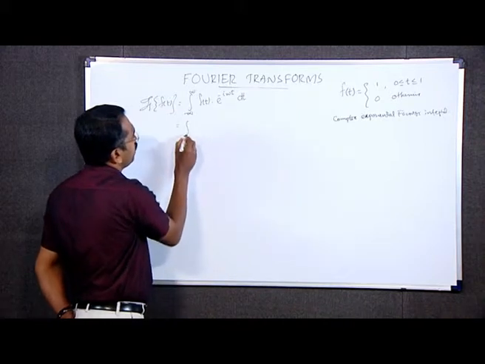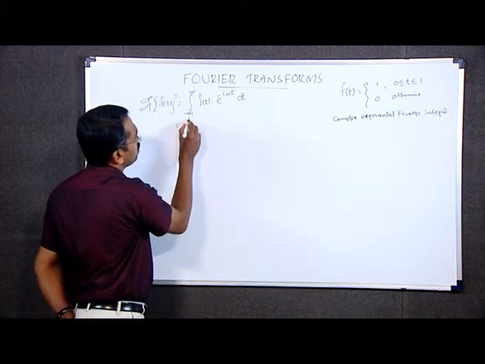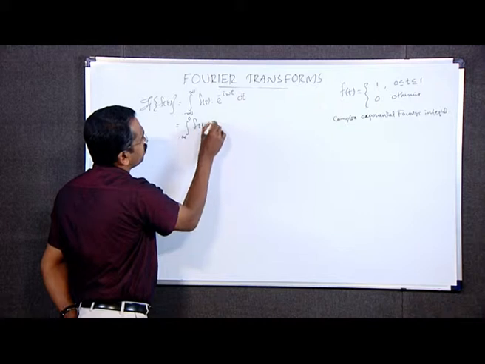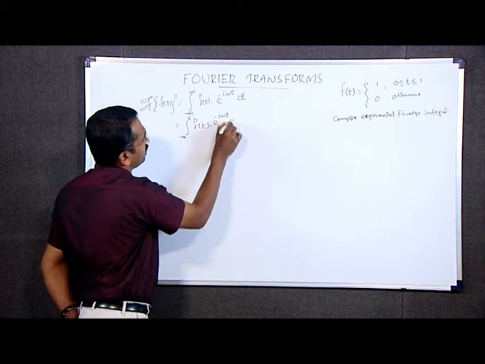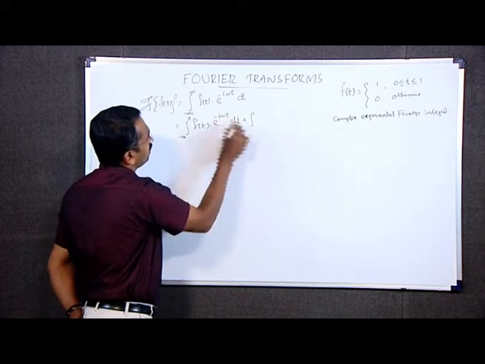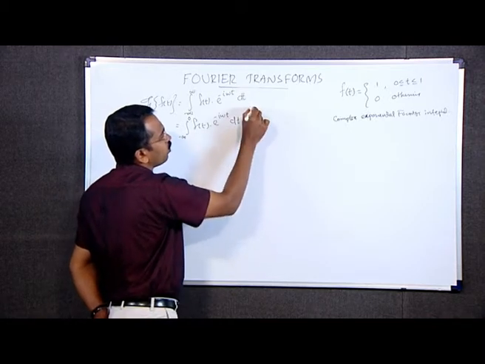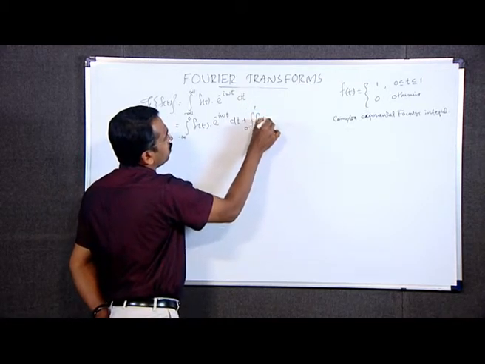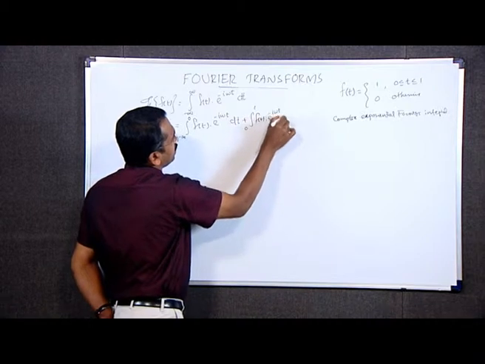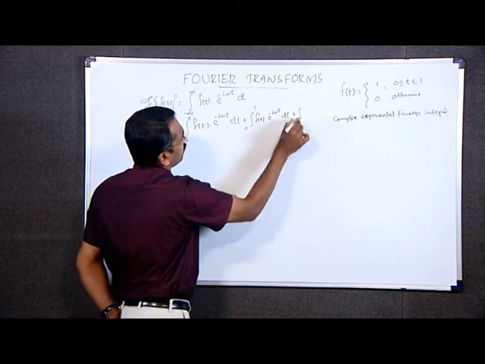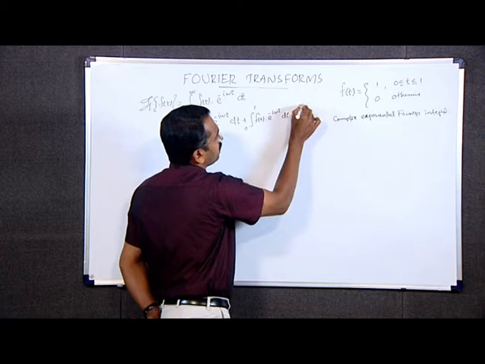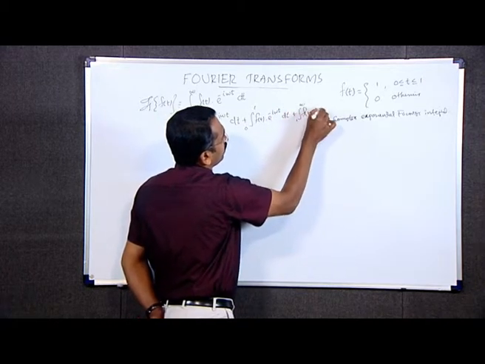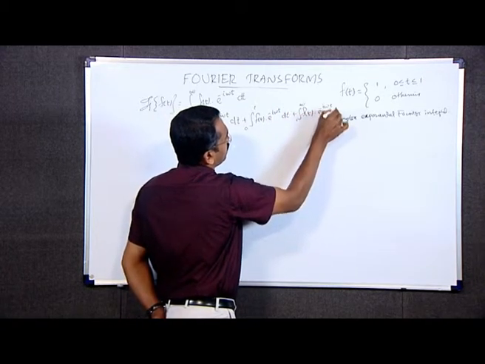This is equal to integral from minus infinity to 0 f of t into e raised to minus I omega t dt, plus integral from 0 to 1 f of t into e raised to minus I omega t dt, plus integral from 1 to infinity f of t into e raised to minus I omega t dt.